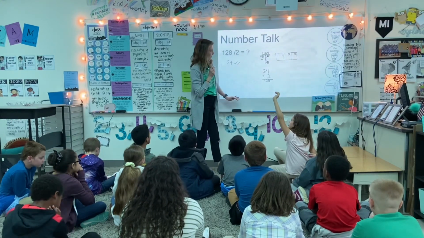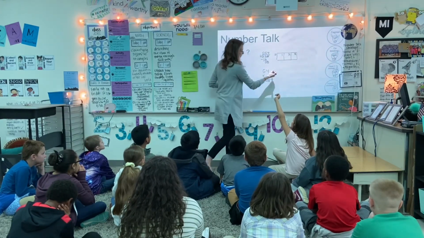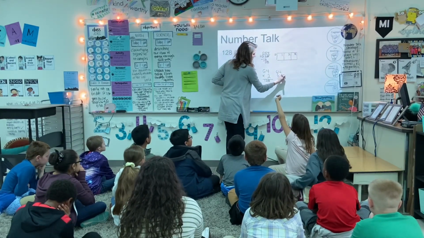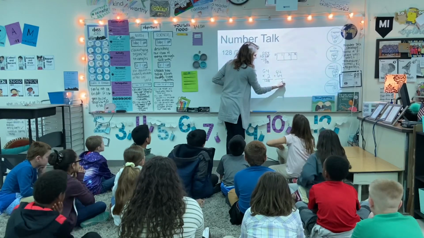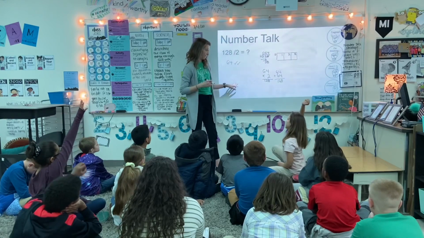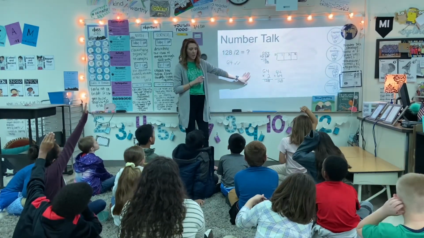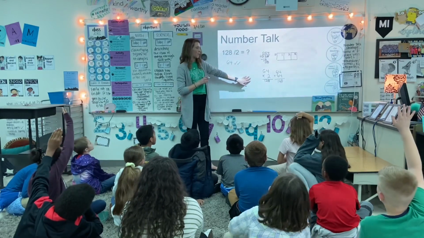So if you just times that by 2, or do 64 plus 64, then you get the same answer that you started with. Multiplication and division are the opposite of each other, right? They're called inverse operations.